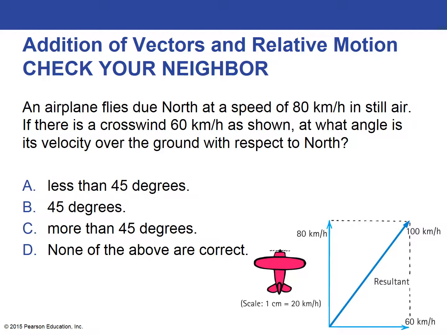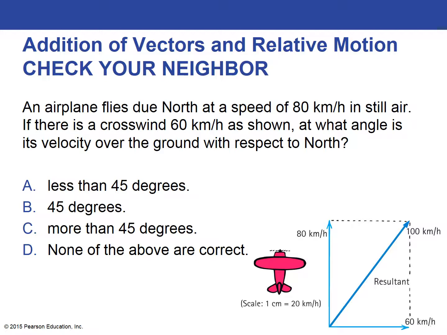And the way we find the net speed or velocity over ground is to add these two vectors vectorially. So we add the velocity of the airplane in still air, which is the vertical vector, and then we add also a horizontal vector whose length is represented by the speed of the wind.